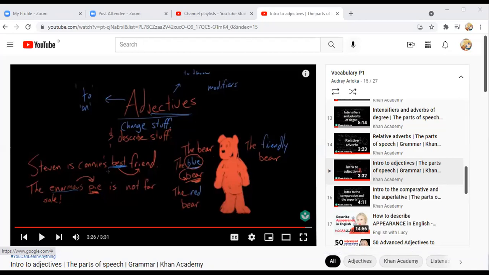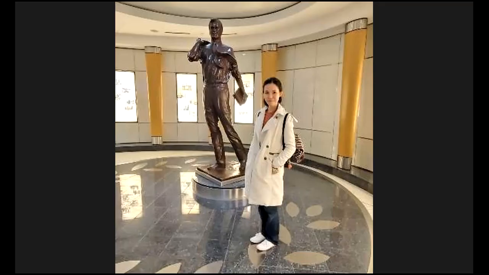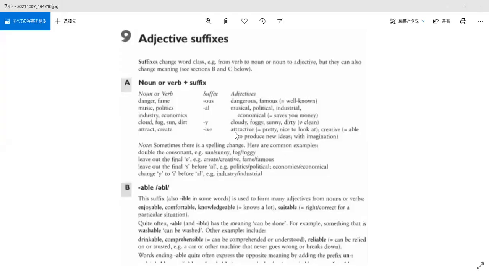And if you remember in here, adjective suffix.